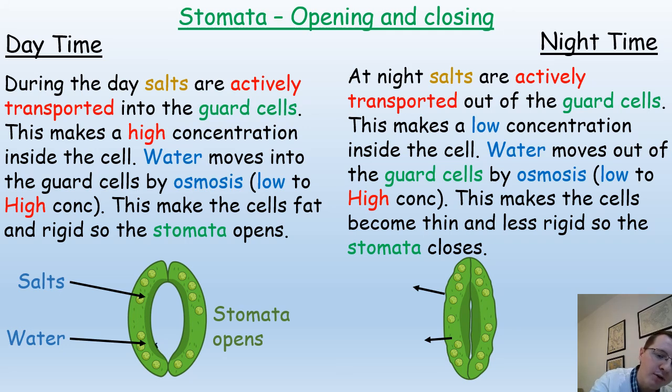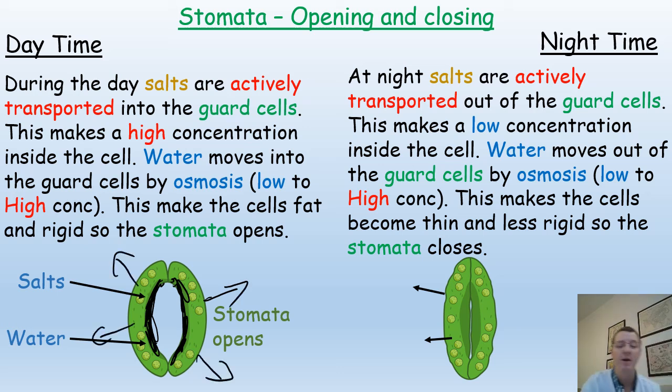In fact, guard cells have a very thick cell wall on the inside of their cells, which resists pushing forces. So when the salts and the water flow into the guard cells, as they try and thicken, it is easier for them to push in this direction. Therefore, they create this hole, the stomata, between the two guard cells.